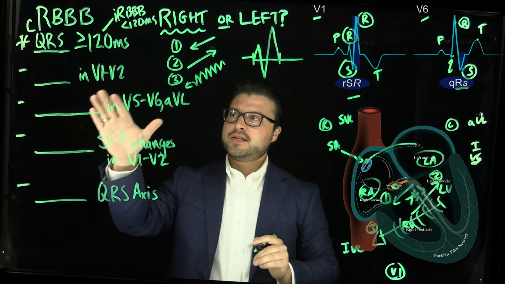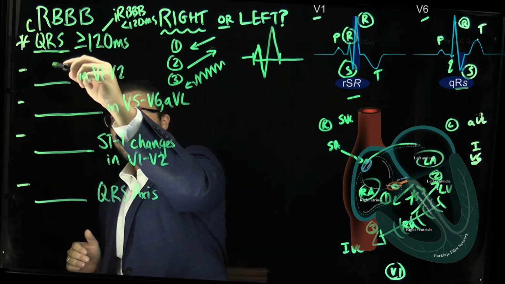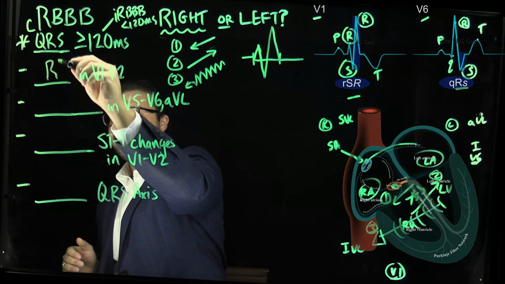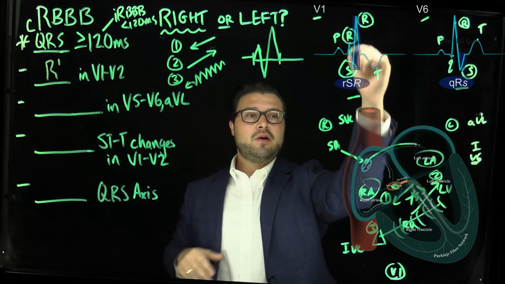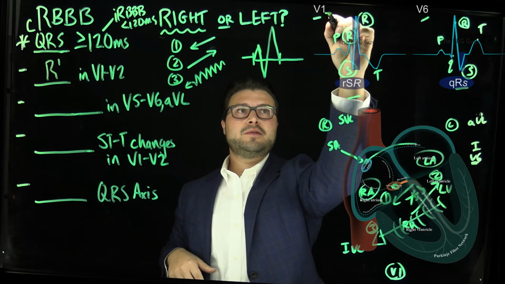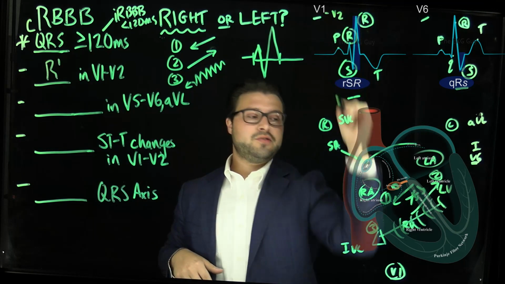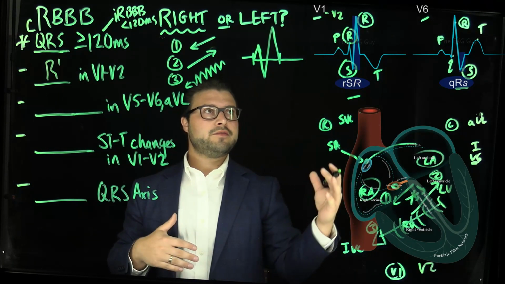Now, the next thing is what is happening in V1 and V2? What you want to look for is a prominent R prime wave in V1 or V2. So we're looking at the right precordial leads. Here's V1, and this is also occurring in V2, maybe about here. Often they're similar.